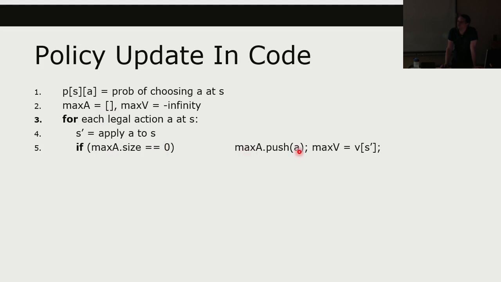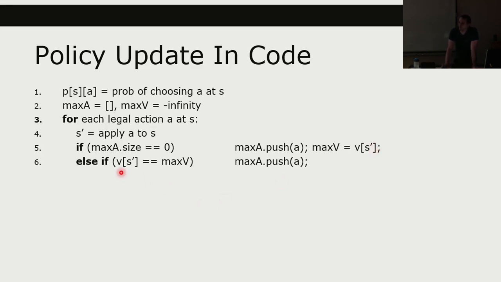I just add this action to the maximum actions, and the current maximum is equal to the value of this state, right? So if this is the first action that I'm looking at, it's obviously the maximum so far. But that's not really the interesting one. So we say else. So this means that there is at least one maximum action so far.